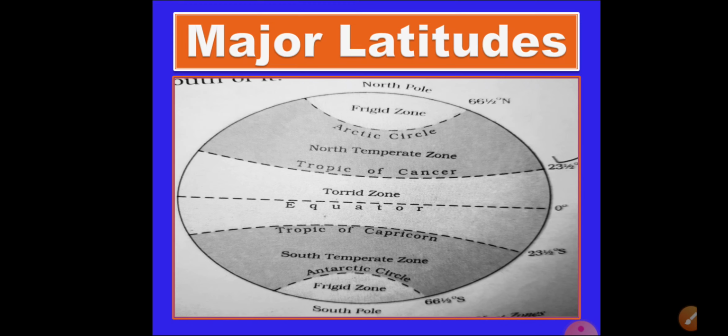Meanwhile, the area near the poles is called Frigid zone. It is a cold zone. Generally this area is covered with snow cap.